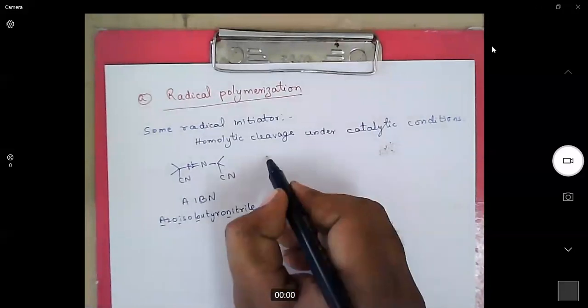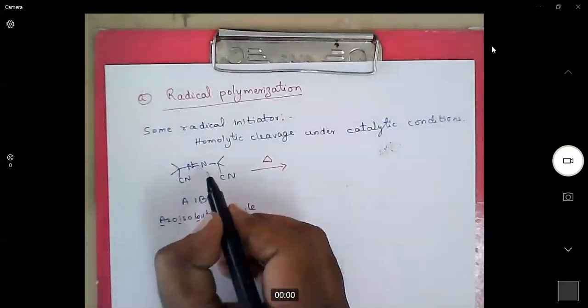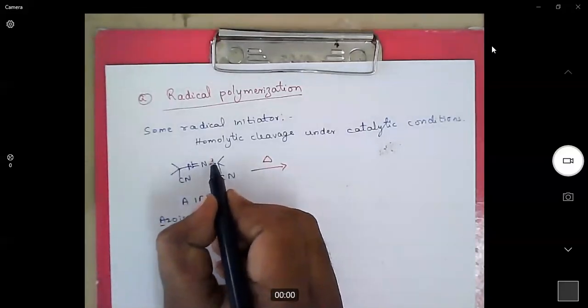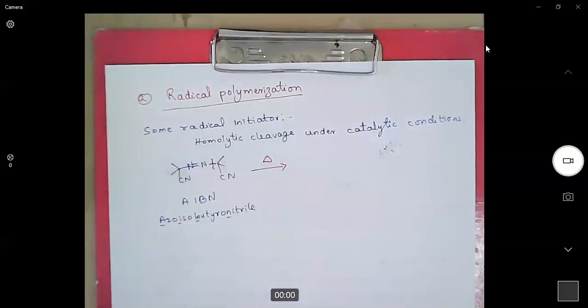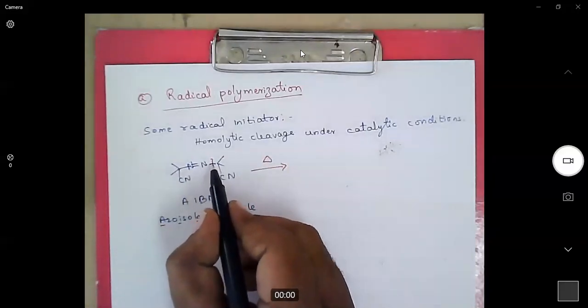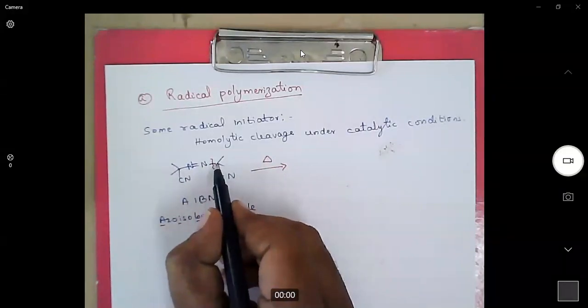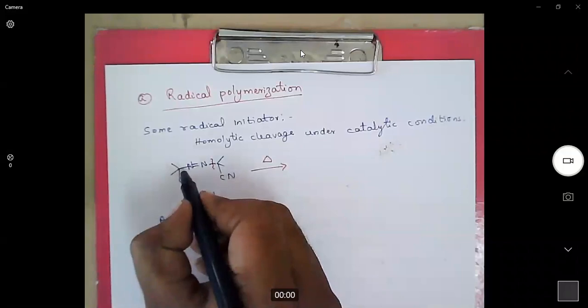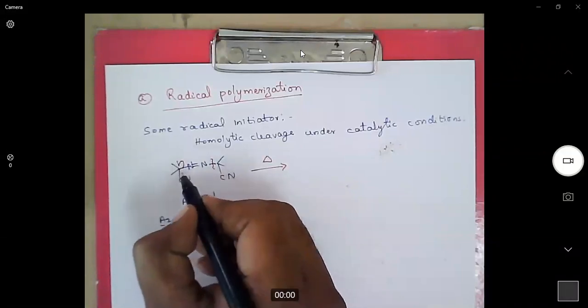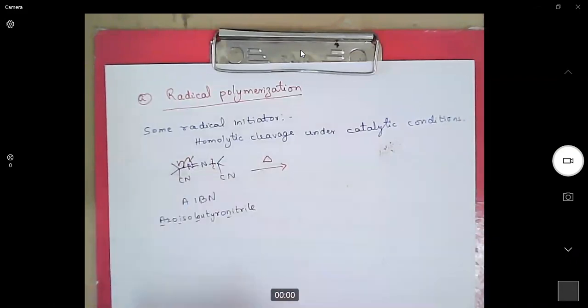When we heat this molecule AIBN, there will be a homolytic bond cleavage. That means the bond between carbon and nitrogen will break. Nitrogen will take one radical, carbon will take another radical. Similarly, on this side also, one radical will be taken by carbon, another by nitrogen.